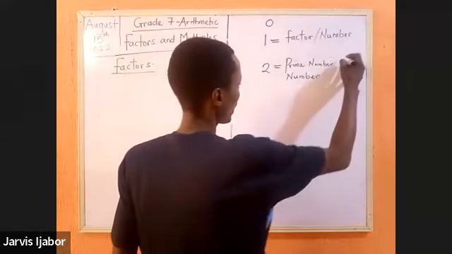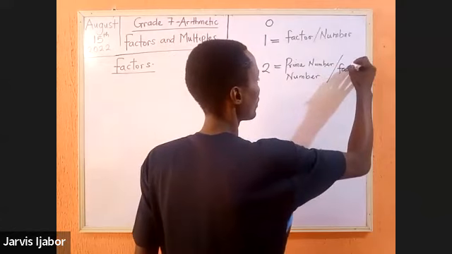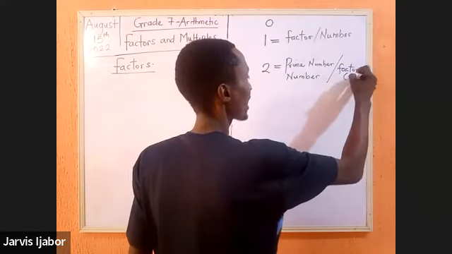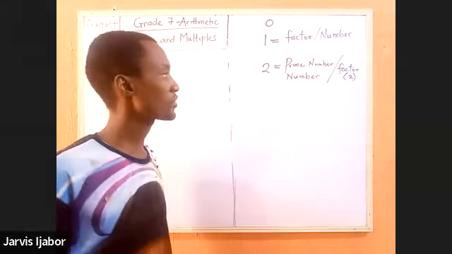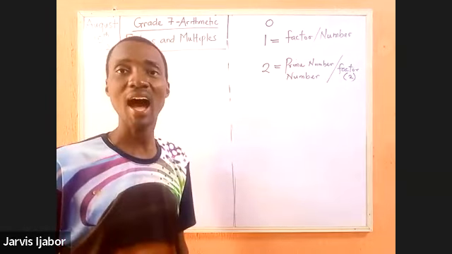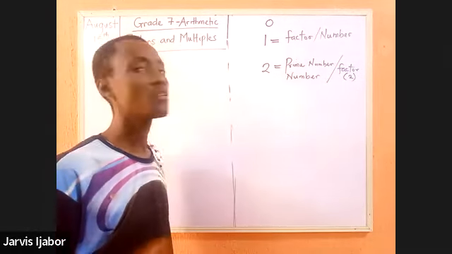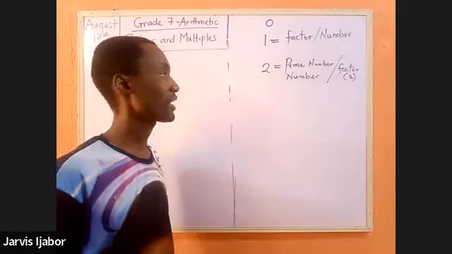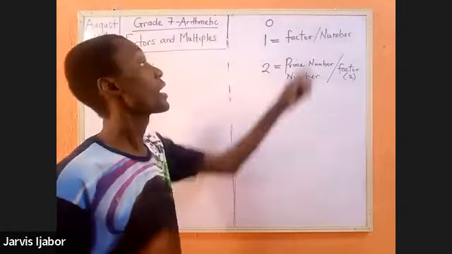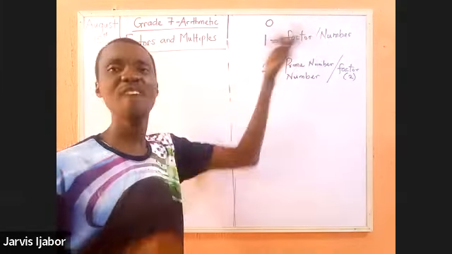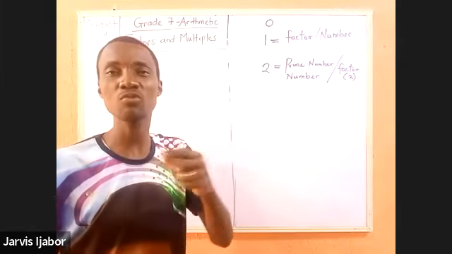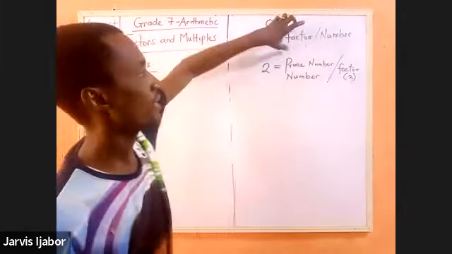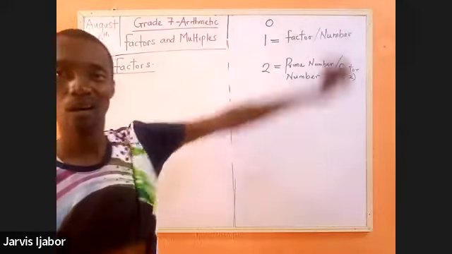And it's also a factor. And in this case, it has 2 factors. So we've said that all numbers have at least 2 factors. Apart from 1, every other number has at least 2 factors. Good. So 1 is a special case.